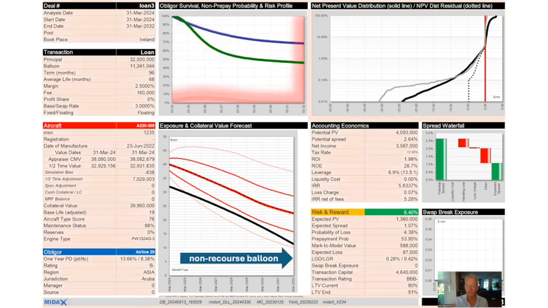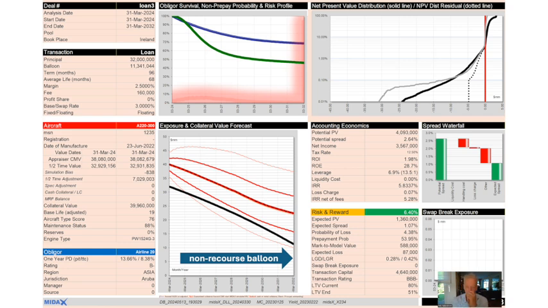And if you have a non-recourse balloon, in other words, here, if the aircraft value is below the balloon amount, the borrower can walk away and leave you with the aircraft and give you the keys. And you see the risk-reward ratio goes up now to 6.4%, and you have a lot of risk here in the balloon. Now, you can achieve this non-recourse feature of the balloon in 2 ways.